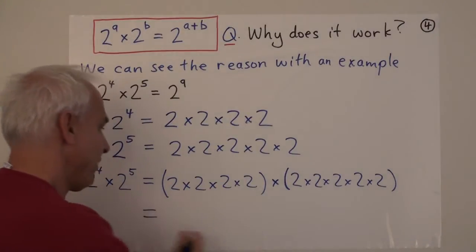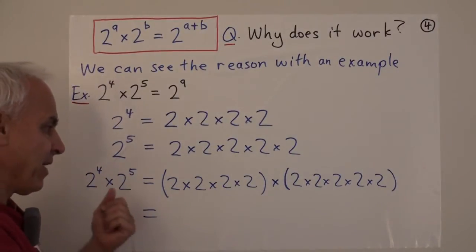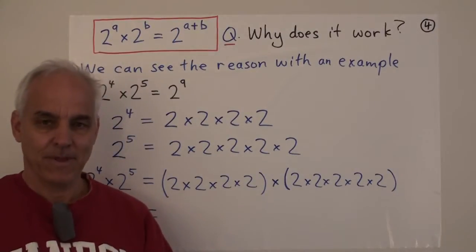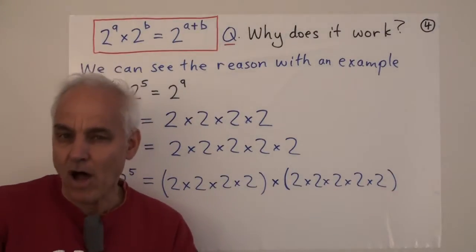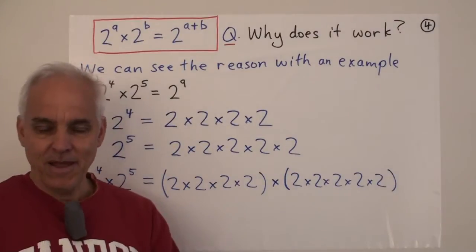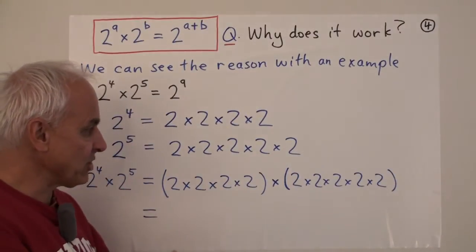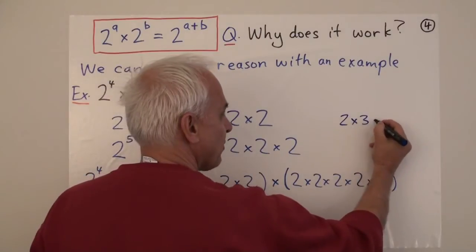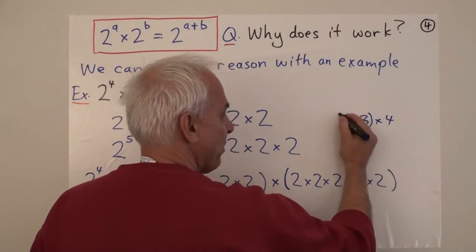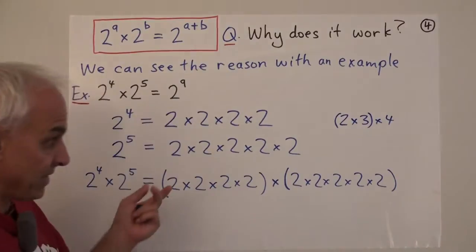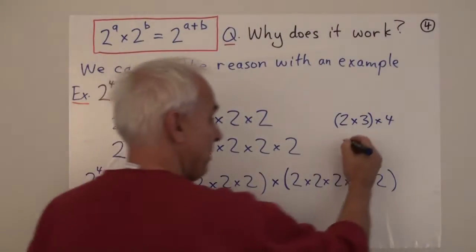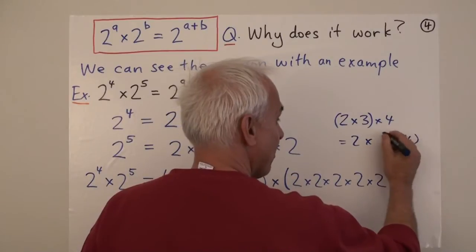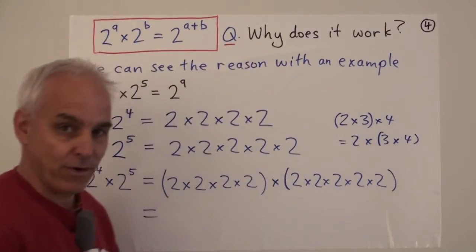And now if we look at this, we can see that all the operations here are multiplication. And there's an associative law for multiplication. And if you have multiplications repeated, it doesn't matter what order you multiply. If you take 2 times 3 times 4 and you multiply it in this order, giving us 6 times 4, it's the same as what you get when you take the same numbers and you combine, say, the 3 times 4 first.